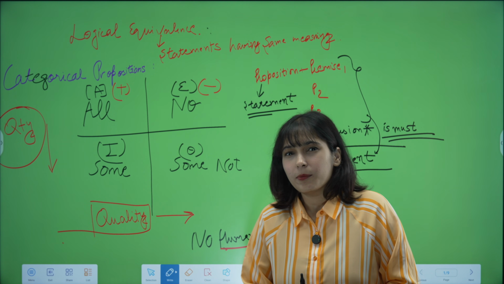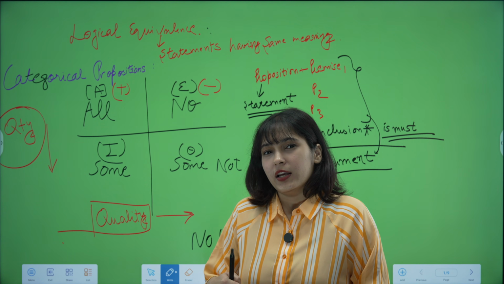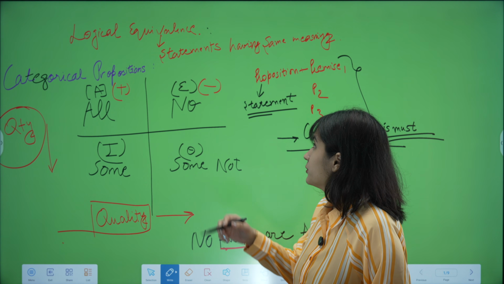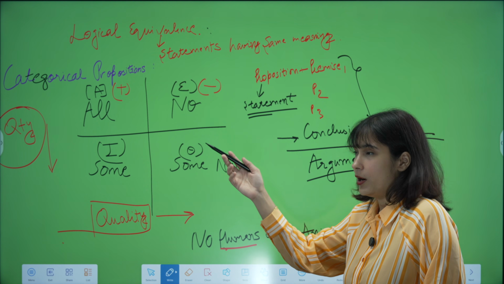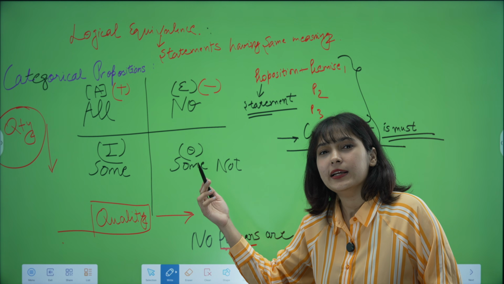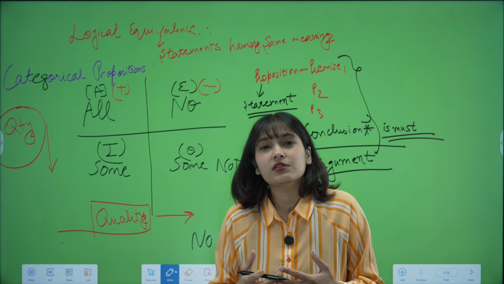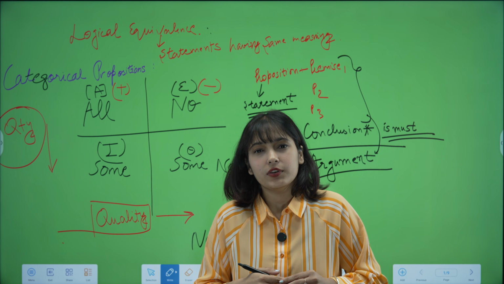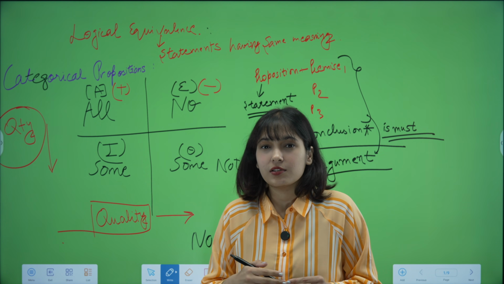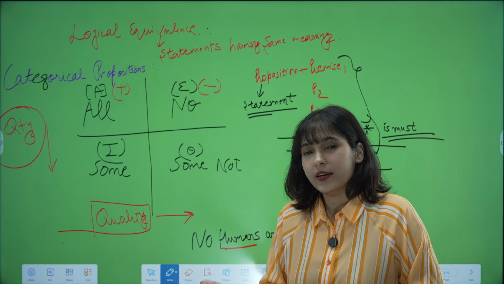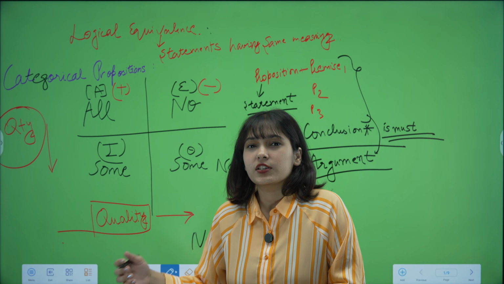So now let us talk about the concept of proposition in depth. As I already told you, a proposition is simply a sentence, right? So when are we going to call our propositions premises? We are going to call our propositions premises only when they conclude towards something.